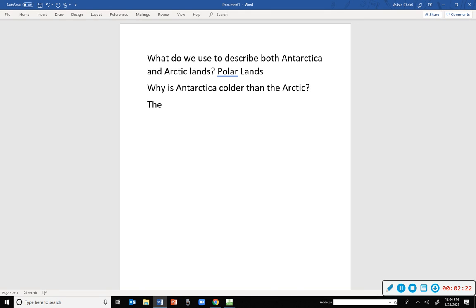The Arctic is mostly water, right? And what about that makes it not as cold? What do you think, Evangeline? Water takes longer to freeze than land. So Antarctica is colder because it's mostly land.